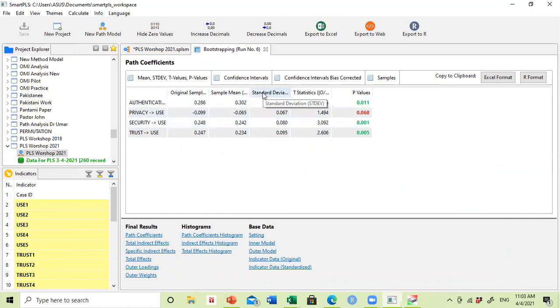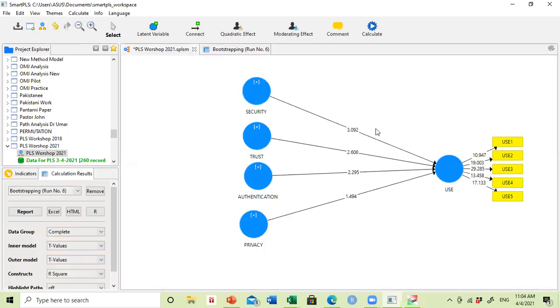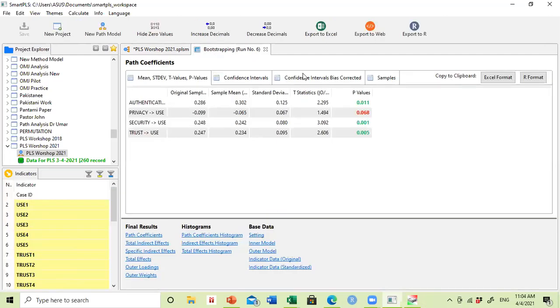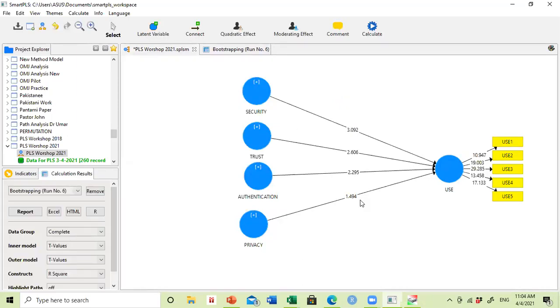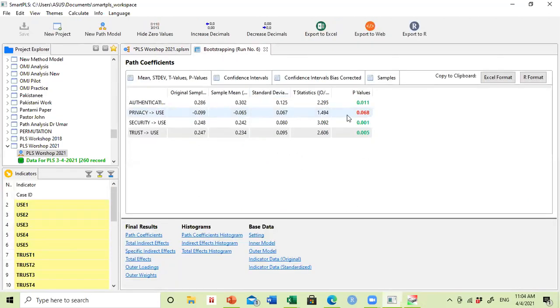This standard deviation, if you are reporting, you report standard deviation. T statistics is your t values. So what is here should correspond to what is here. 3.092 for security, you should have 3.092 here. 1.494 for privacy. Do you see it? Yes, this is it.